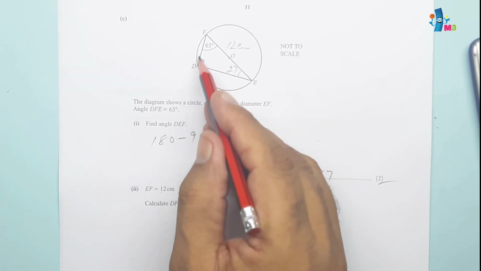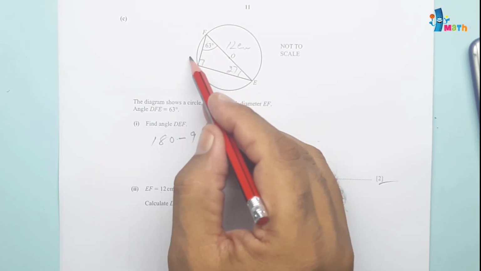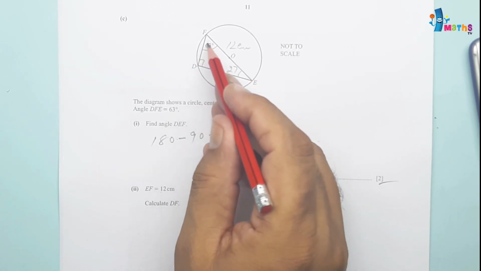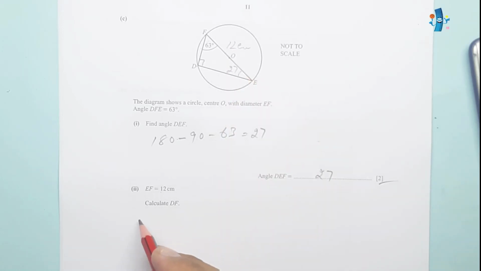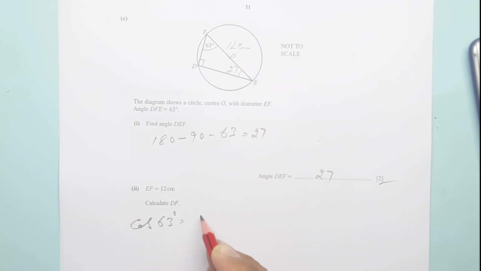So we can use this triangle, like for example, adjacent over hypotenuse. Adjacent over hypotenuse is cos of 63 degrees is equal to DF over 12 centimeter.